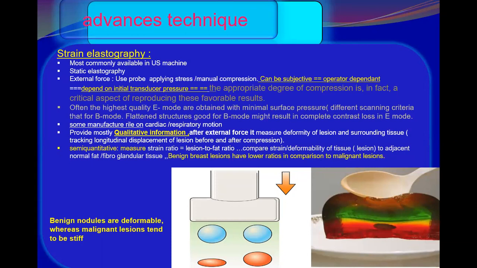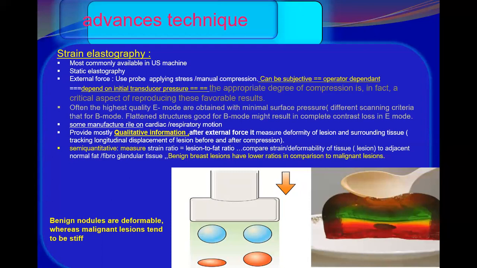But there is one method of measuring the ratio of the lesion's stiffness to the stiffness of the adjacent normal fibroglandular parenchyma, giving a ratio. They call it strain ratio, and in this case it is a semi-quantitative method.